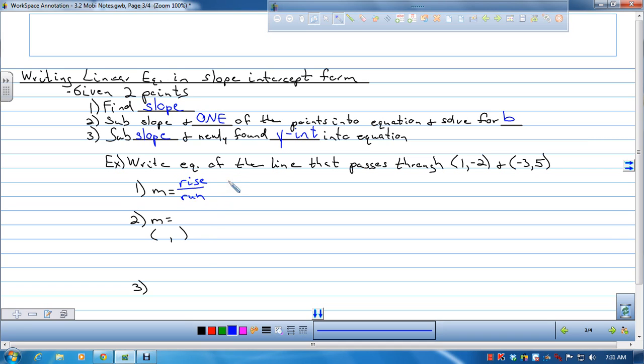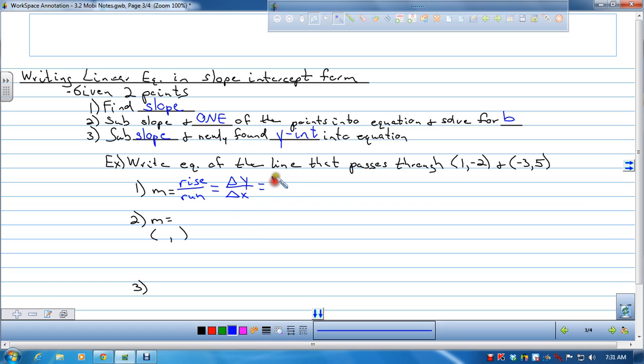If you forget which goes on top, if you just remember rise over run, that should help you remember that the rise is up and down. Well, those are my y values, so that represents my change in y. The run represents my change in x. Okay, so it should kind of come back to you now.